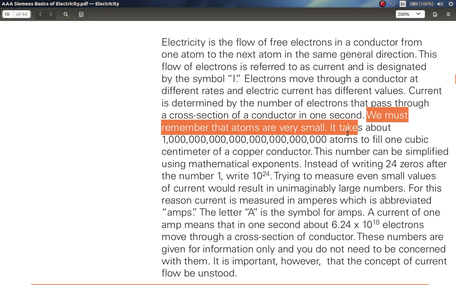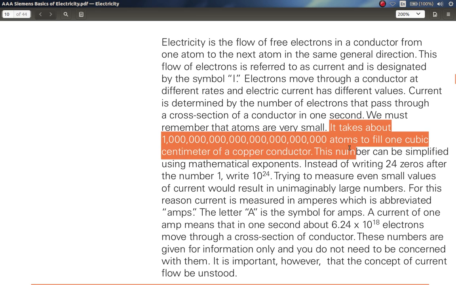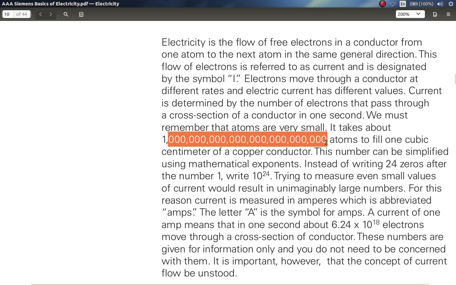We must remember that atoms are very small. It takes about this number of atoms to fill 1 cubic centimeter of a conductor. So this number is 1 with how many zeros? 3, 6, 9, 12, 15, 18, 21, 22, 23, 24 zeros.